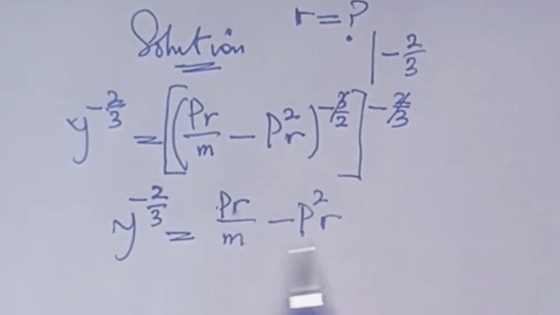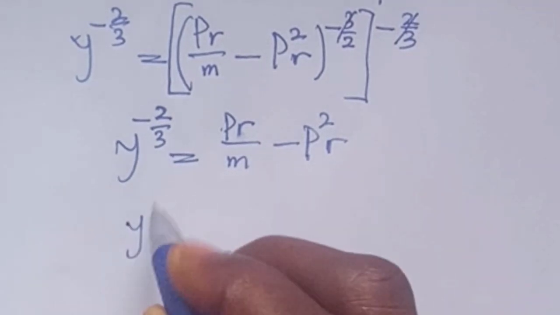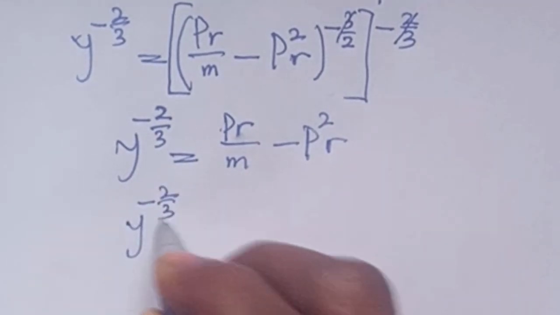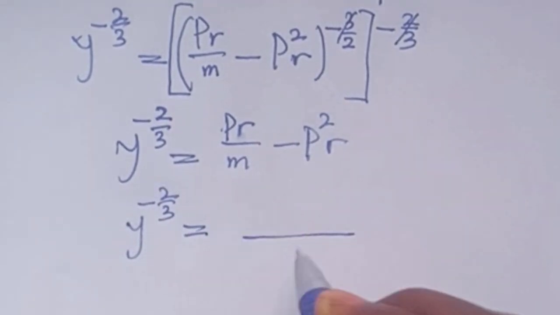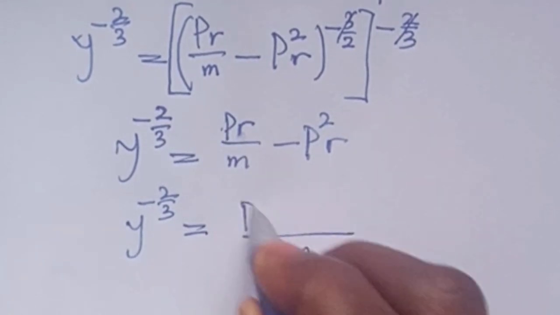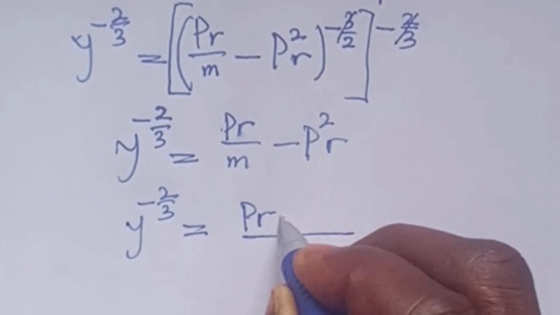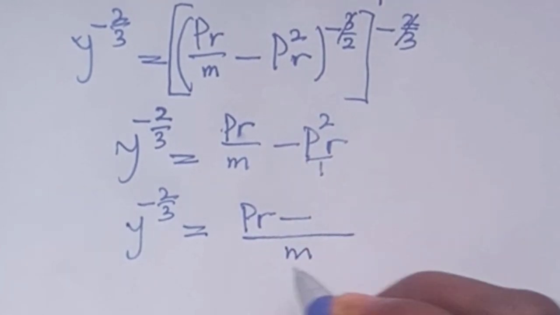Alright, so here we're going to take the LCM, which is m. That is, y to the power of minus 2 over 3 will be equal to m. M divided by m is 1, and 1 times p r will be p r, minus p to the power of 2 r over 1.